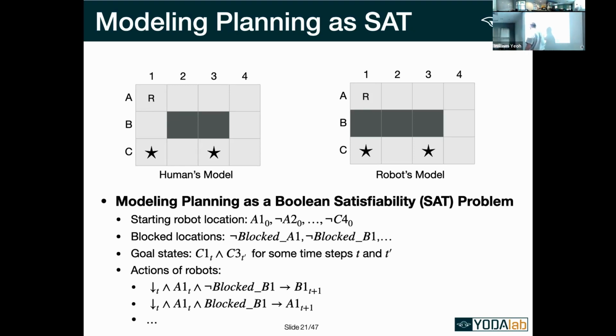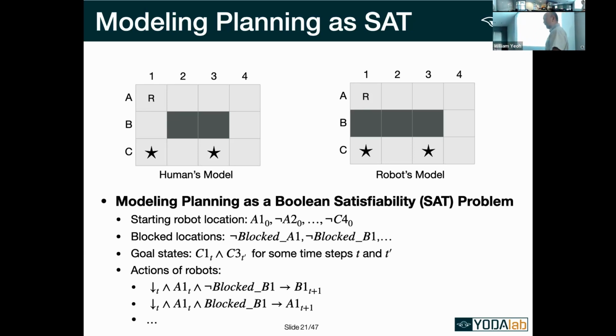Then there are also the action dynamics of the robot. If the robot goes down at time step t, and it is at A1 at time step t, so it's here, and B1 is not blocked, then at the next time step it is going to be at B1. And if B1 is blocked, then at the next time step it is going to remain where it is. You can have a bunch of rules specifying what happens when the robot takes different actions.